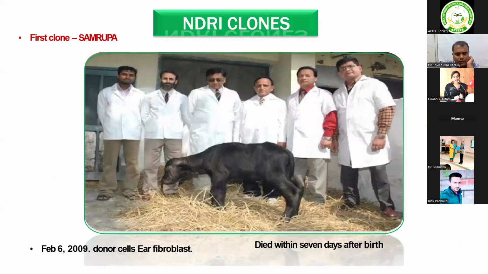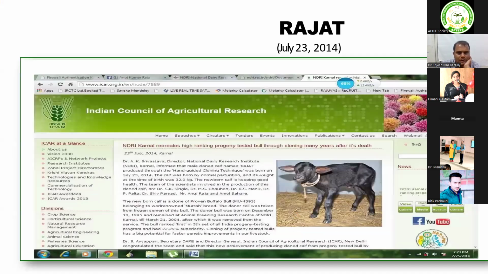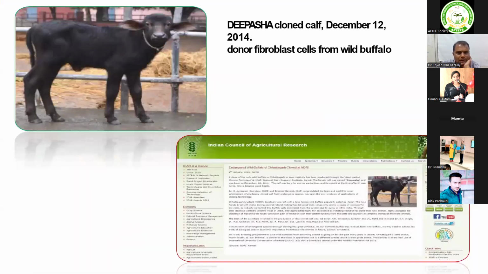In this, our NDRI is very much leading. They first produced the buffalo clone Samrupa in February 2009 using the donor cell ear fibroblast, and it died on the 7th day of birth. Then they produced Garima 2 in 2010. Then they produced Rajat, and then they produced Dipasa.